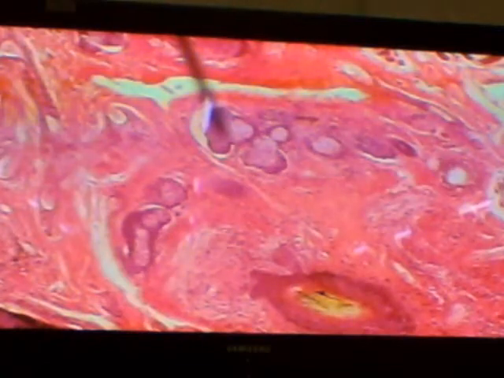Let's look at the cornea. One thing I should tell you is that preparing the eye for histology is not an easy job.